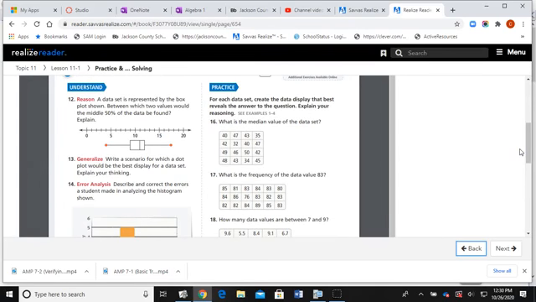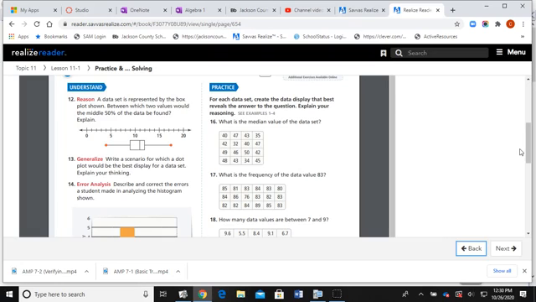For each data set, create the data display that best reveals the answer to the question. Explain your reasoning. Now listen, you only have 16 through 24, which is 9, right? And then you have 27 and 28. So it's 11 problems on the first page, and on the second page it's only 9. So you have 20 between the 2 pages. Okay, that's not a lot.